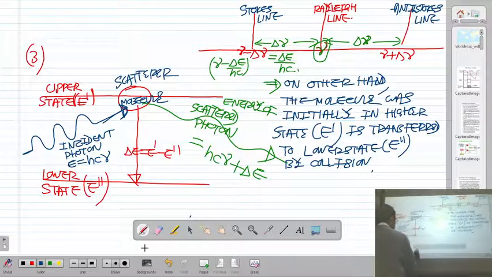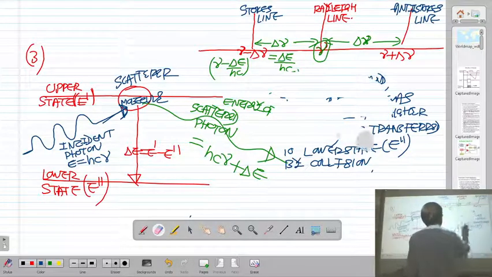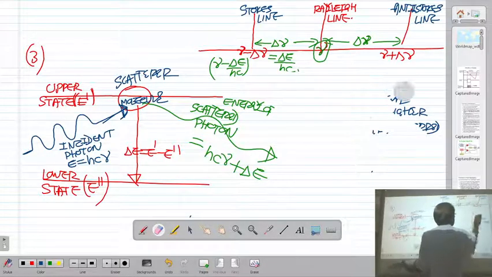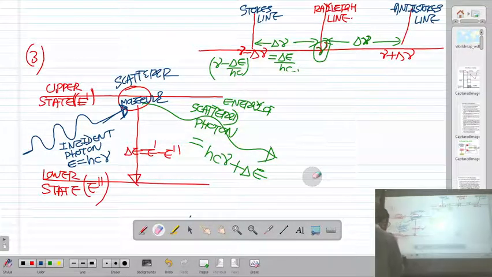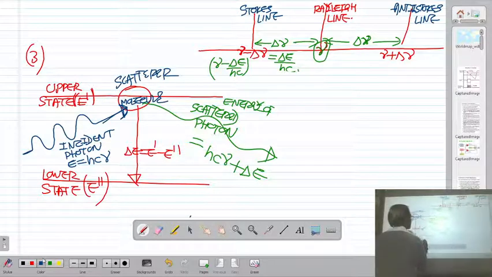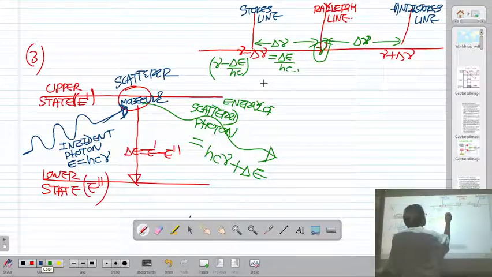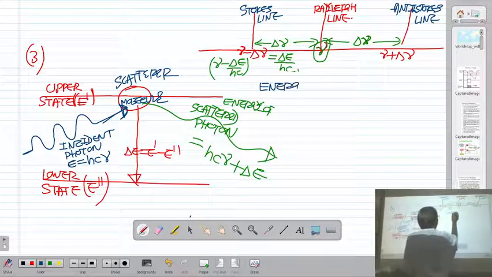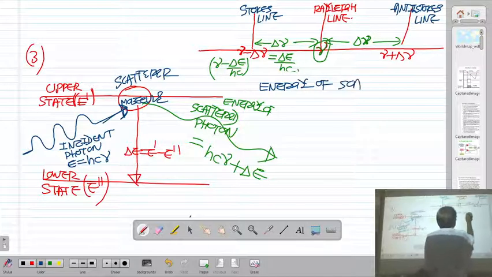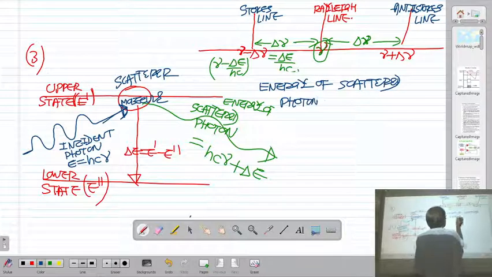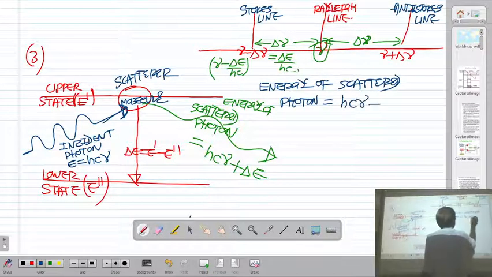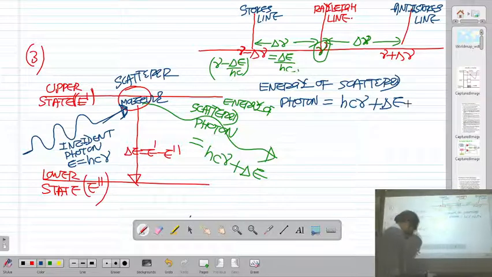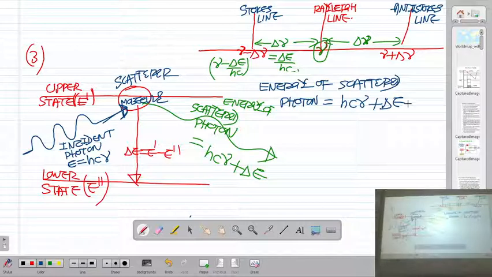Therefore, the energy of the scattered photon is now hν plus delta E. Energy of the scattered photon will be hν plus delta E.